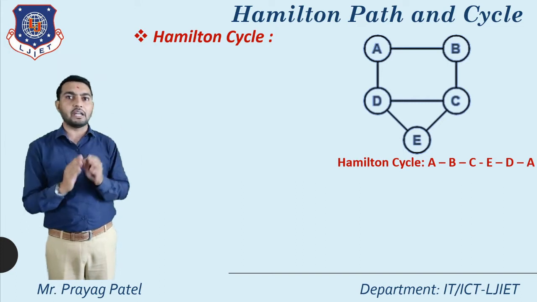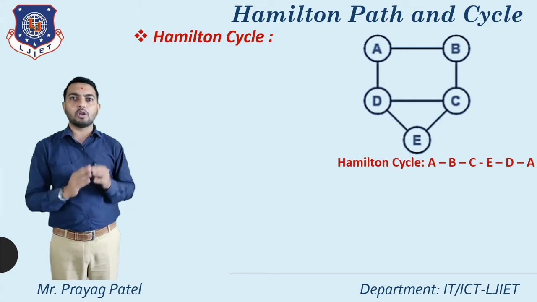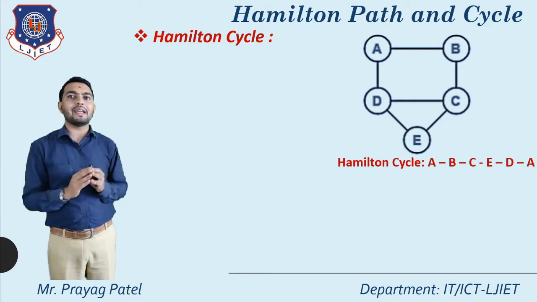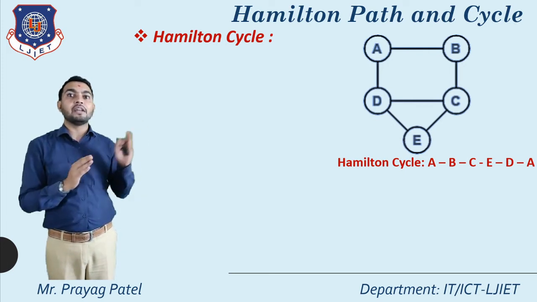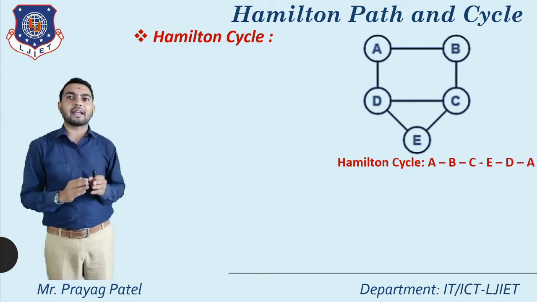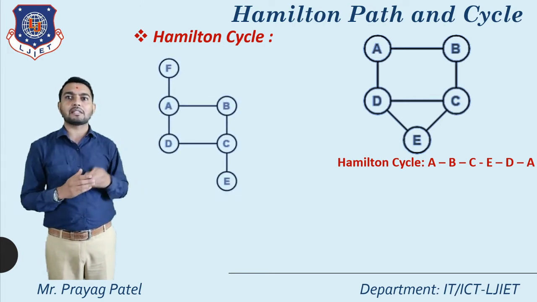No need to visit each and every edge, but we have to visit each and every node. So here we visit all the nodes. No node or edge repetition is allowed. Here no edge is repeated. A vertex is repeated, but that is only the starting vertex, which is allowed because in a cycle the starting and ending vertex are the same.